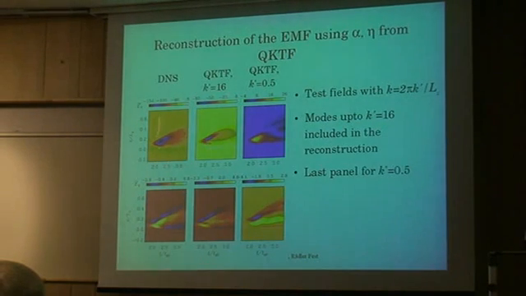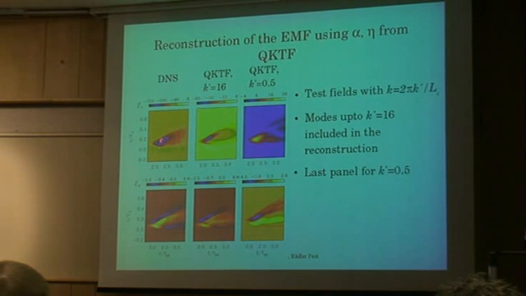The top panel here is EX from the DNS and the lower panel is EY from the DNS, and the second panel is the same but reconstructed using 16 Fourier modes in the system. And the last panel shows the reconstructed EMF one would get if I use only one mode, which is the lowest wave number that fits in the box.